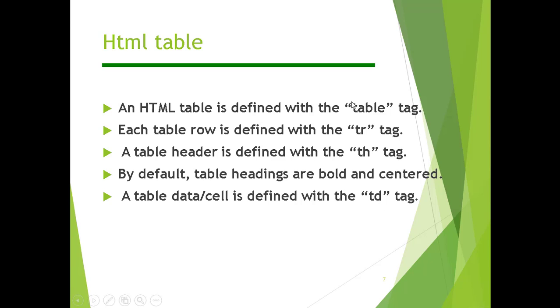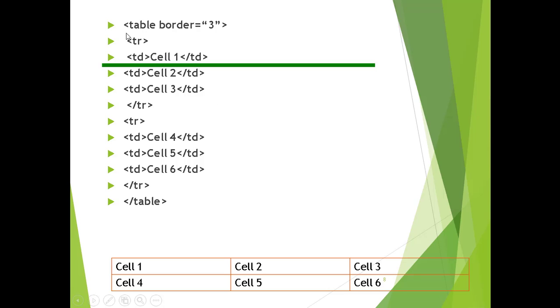So these are the different tags which are used within the table tag. Always in the table, the data will be specified row wise, that is first row, second row, third row, and not column wise. Let us see an example here.